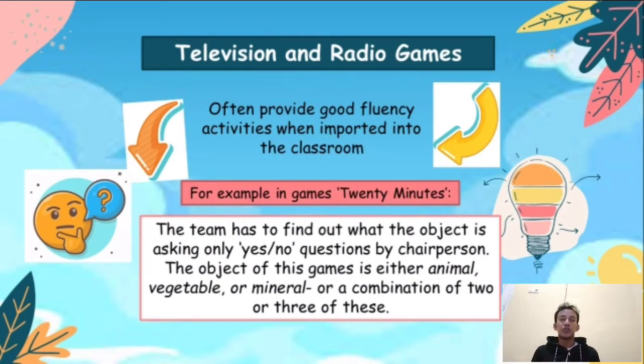The team has to find out what the object is, asking only yes or no questions such as, can you use it in the kitchen? Or, is it bigger than a person? They get points if they guess the answer in 20 questions or less.